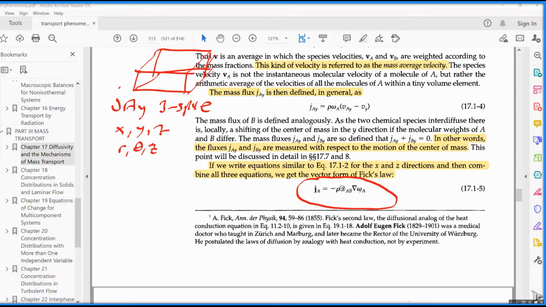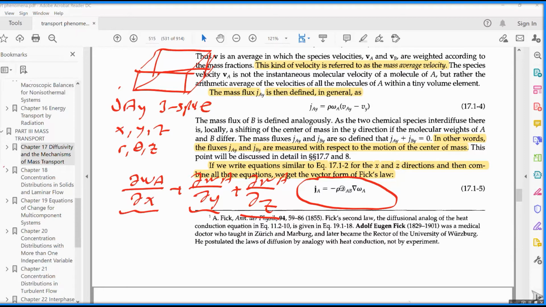If you remember, del WA is going to be the derivative of WA in X, WA in Y, WA in Z. So the species A concentration gradient in direction X, in direction Y, and in direction Z is going to give us the total mass transport of species A through any control volume in three-dimensional space.